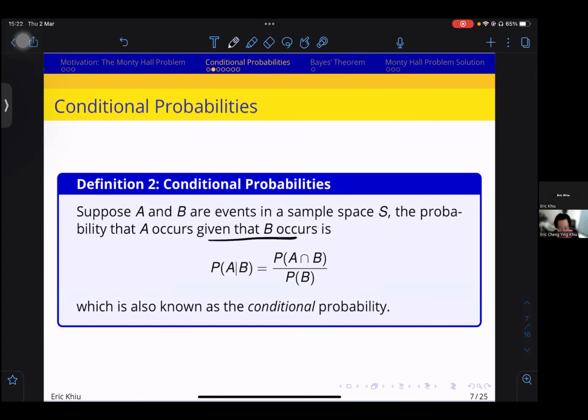And this is known as the conditional probability. The condition is that B occurs. And this formula over here, which is the probability of A intersect B over P of B, is by definition, we don't really have to prove it, but we can look at it pretty intuitively.